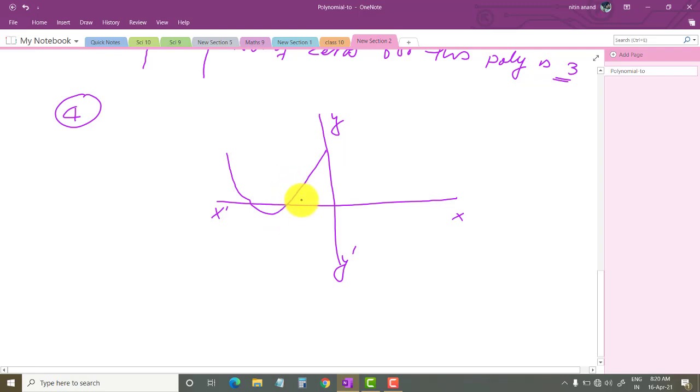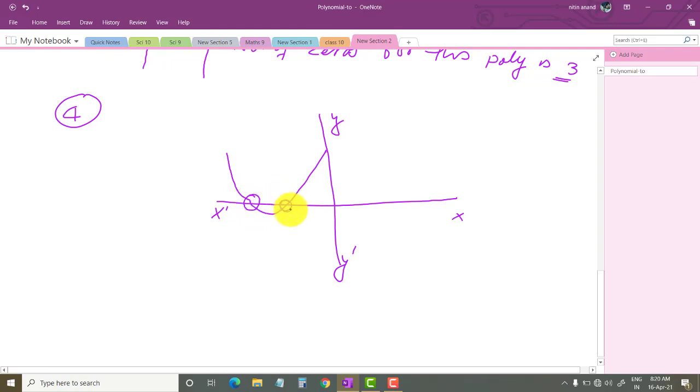But we have to count the number of zeros for this polynomial, for this graph. The concept is the number of times the graph intersects the x-axis. This graph intersects the x-axis at this point and at this point.